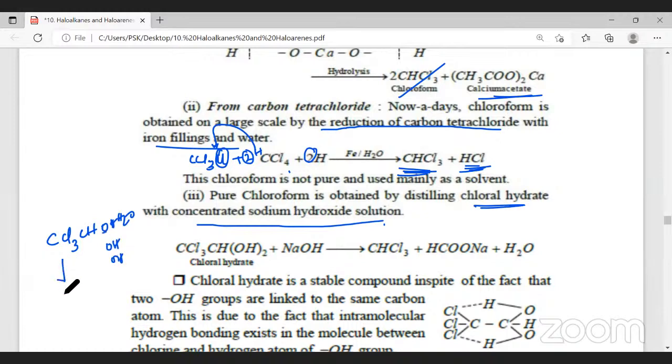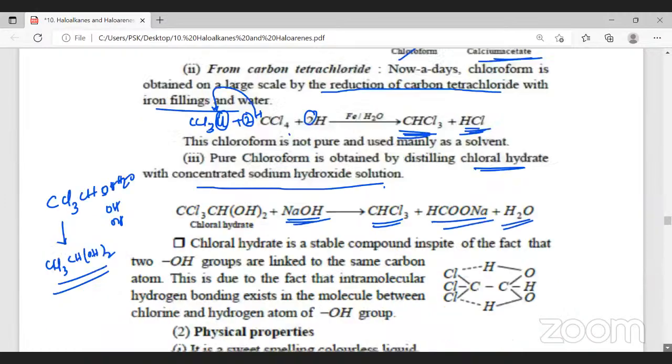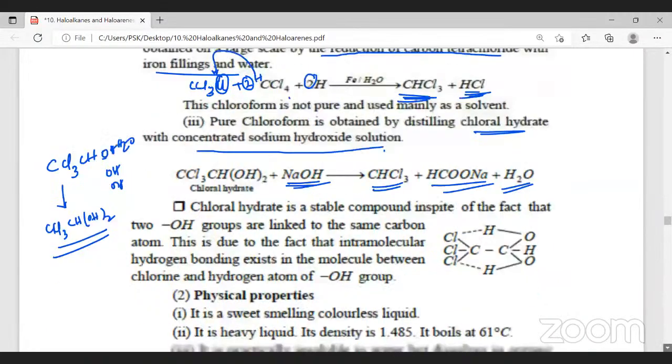So I can write chloral hydrate. This chloral hydrate, when we react with sodium hydroxide, you get chloroform, sodium formate, and water. This is one more method of preparing chloroform.